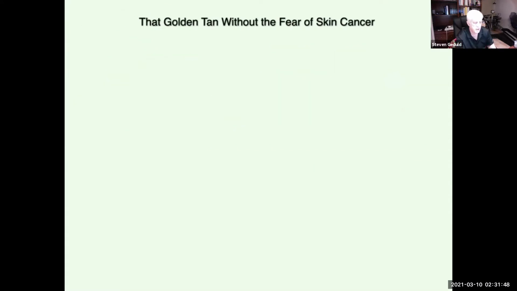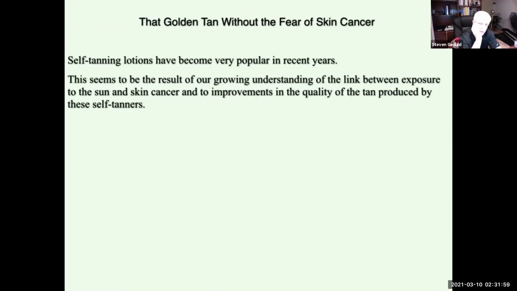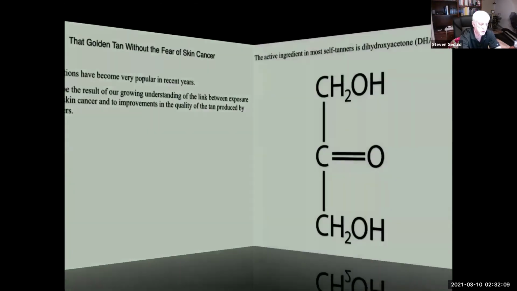The golden tan without fear of skin cancer. These are the spray-on tans that you can use. Self-tanning lotions have become very popular in recent years, the result of a growing understanding of the link between exposure to the sun and skin cancer, and of improvements in the quality of tans produced by these self-tanners. Some of the ones are pretty good now.